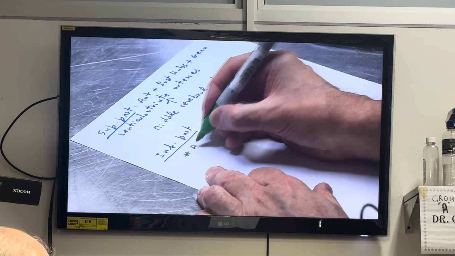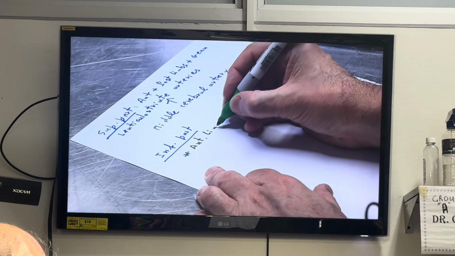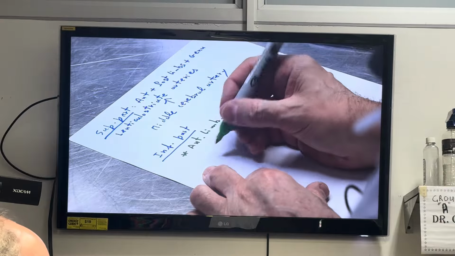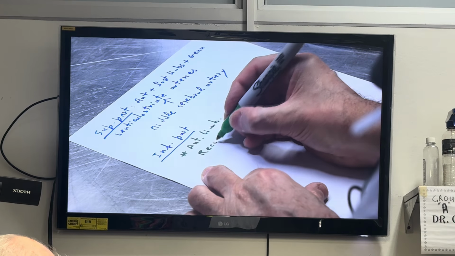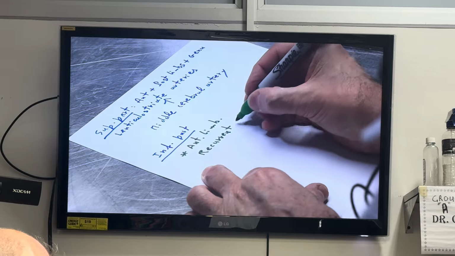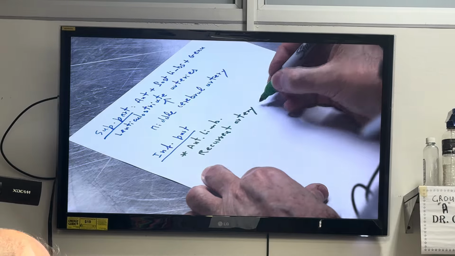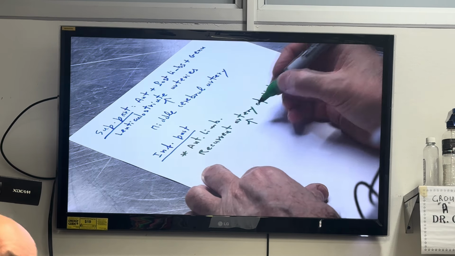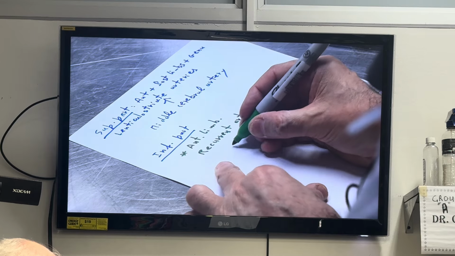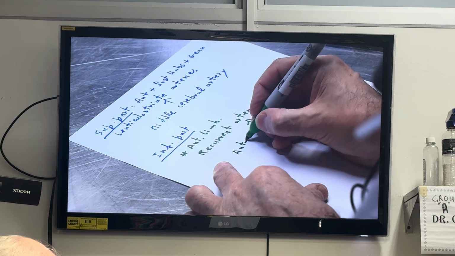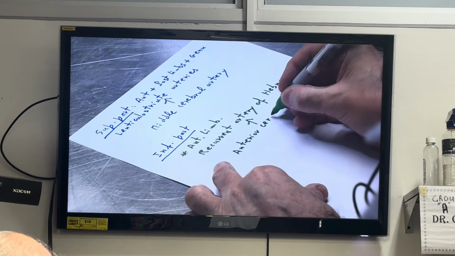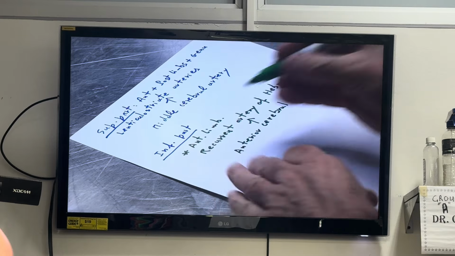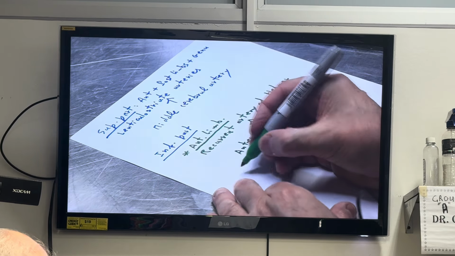For your anterior limb, something that Dr. Blanc will like: the recurrent artery of Heubner. And this one is a branch of what? Correct. So of your anterior cerebral artery. Okay? It is for your anterior limb.